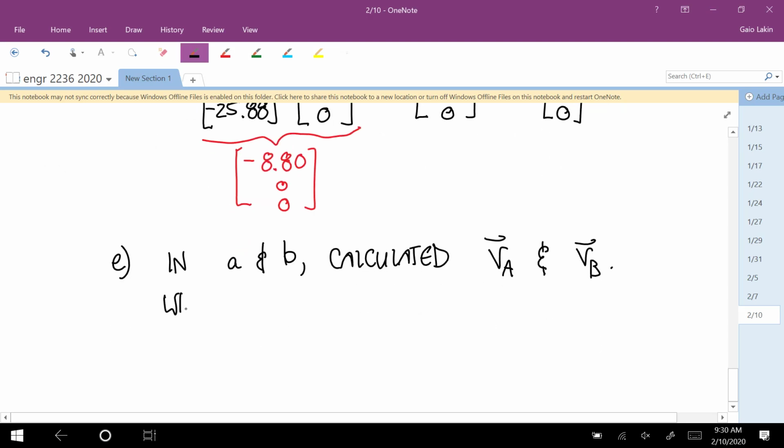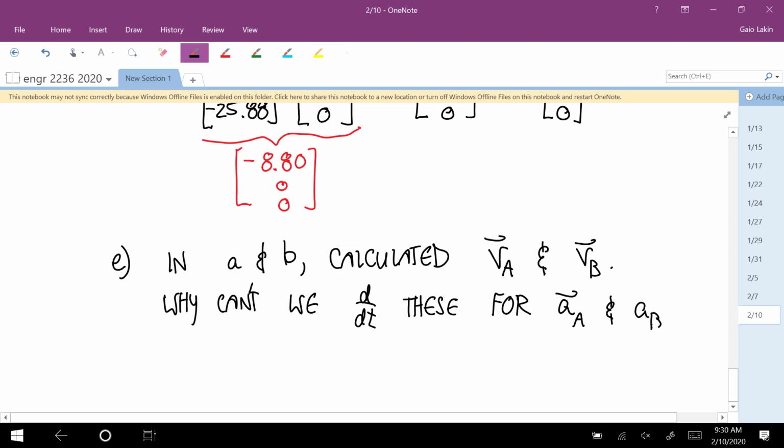Why can't we just take the time derivatives of these for the acceleration at A and the acceleration at B?